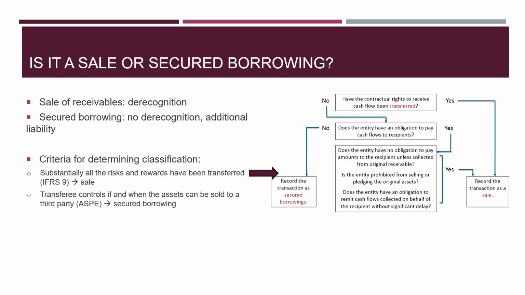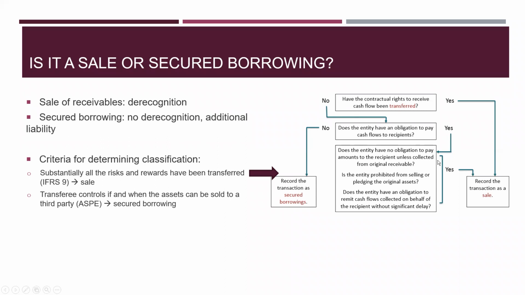So how do we determine whether this is a sale or a secured borrowing? Here is the flowchart that we go through. Have the contractual rights to receive cash flows been transferred? If the answer is yes, then you are looking at a sale of receivable. If the answer is no, then we move on to the next question. Does the entity have an obligation to pay cash flows to recipients? If the answer is no, then we are looking at secured borrowing.